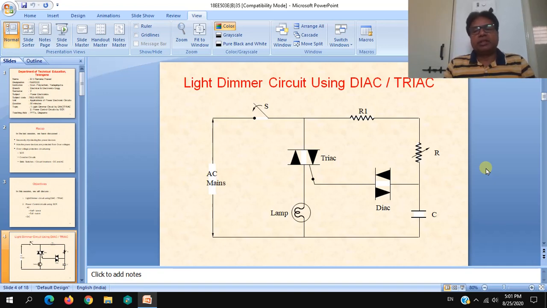Sometimes it might be disturbing, or the energy is also wasted. For that purpose, it would be better to have a procedure and a circuit so that the brightness of the lamp or that light can be controlled as per the requirement.